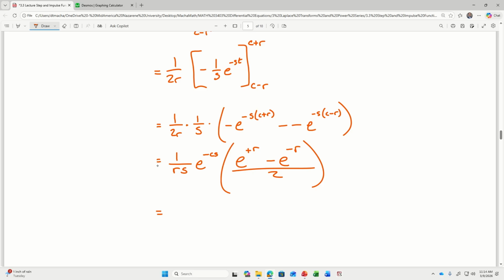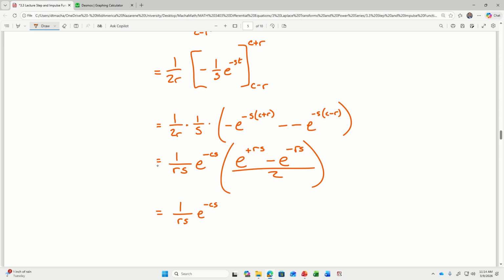The part inside the parentheses now is the definition of... I forgot an s. Sorry, that might be confusing you. I need to multiply by s, right?